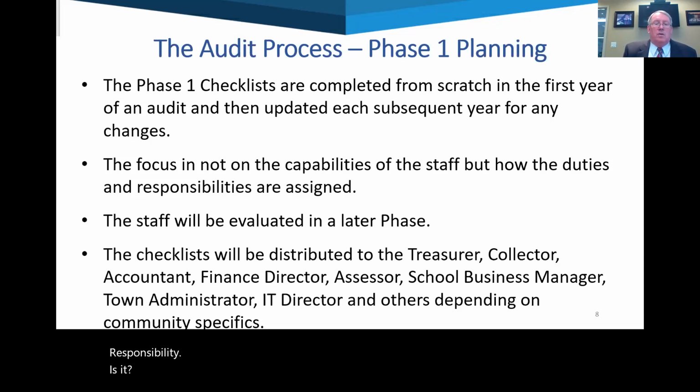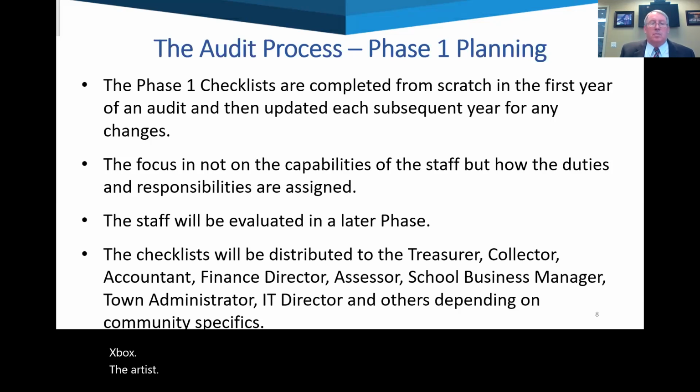Later on in our audit, we will evaluate the staff as part of it. We may not be telling you that, but we evaluate your capabilities as a treasurer or collector every time we go out to audit. Like everything, there are better treasurers, better collectors than others. Same thing, there's better auditors, there's better everything out there.